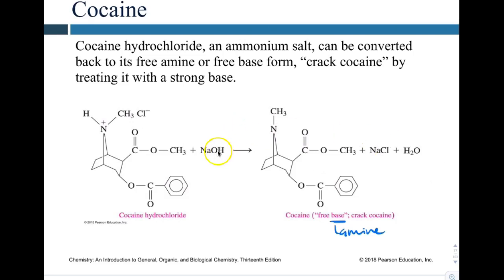And so you can see here I'm going to take this Na and this Cl, bond it together to make NaCl, and so that means I'm losing this. This is not going to be positive anymore. See, this is my positive ammonium right here. I'm making this regular amine looking thing here, and then this form will react differently in my body.